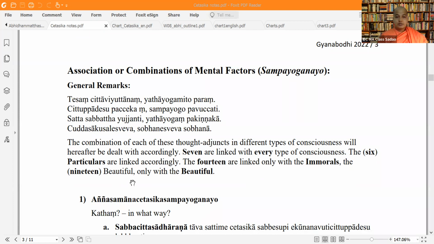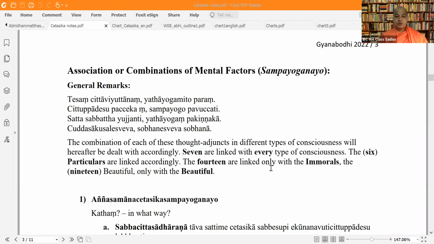The 6 particulars are linked accordingly. Yatha yogam pakinnaka. Even though these 6 are put together with the previous 7 in terms of Sabbachitta Sadharana, they do not always appear in every chitta. Only in some chittas, in some other chittas, they are not present.